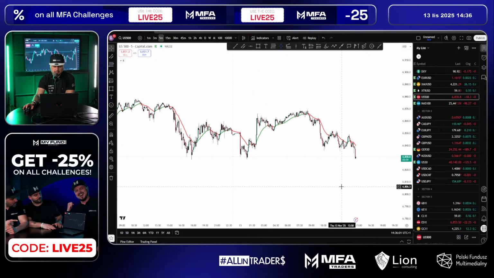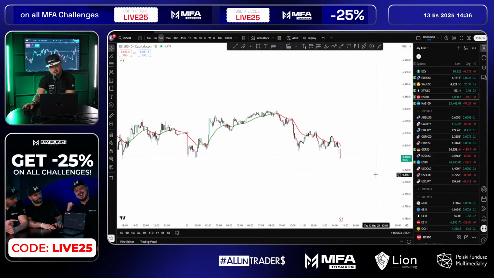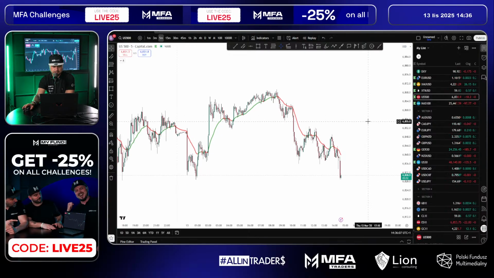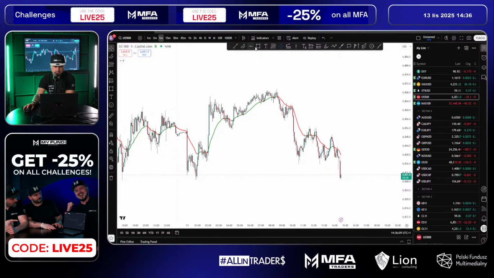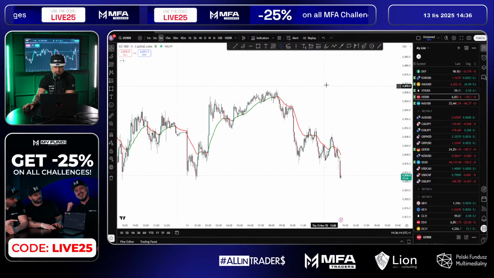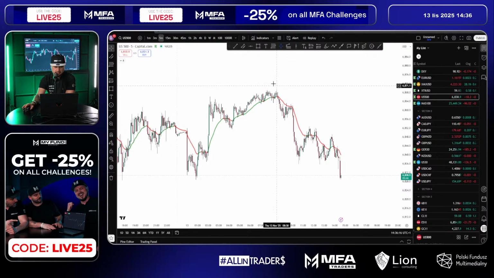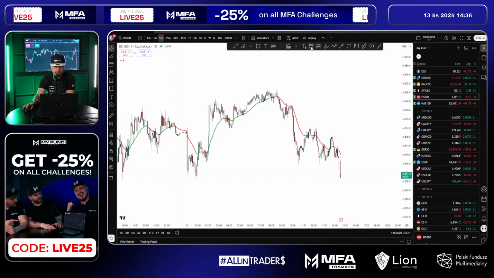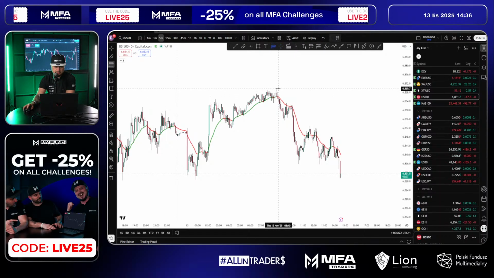US 500. Today started like it looks like a trend day, then we got something changed over here. Probably we'll have to measure this impulse from here.